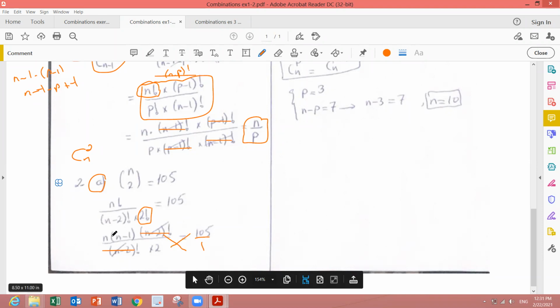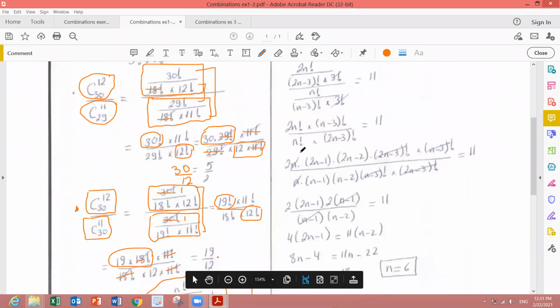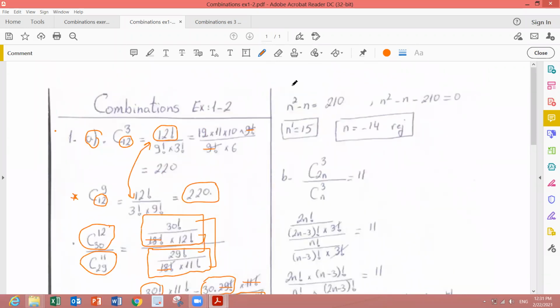We get n times n minus 1 equals 210. Expand: n squared minus n equals 210. We bring this 210 to this side. We get n squared minus n minus 210 equals 0.